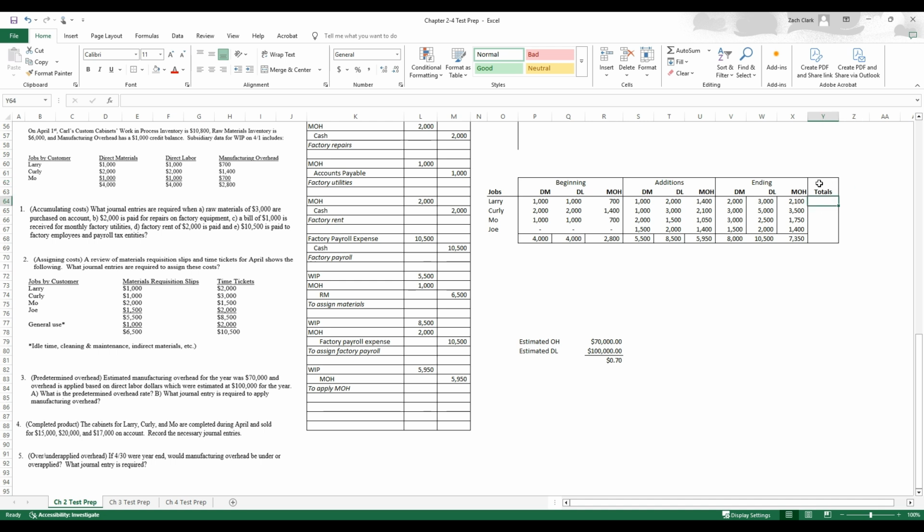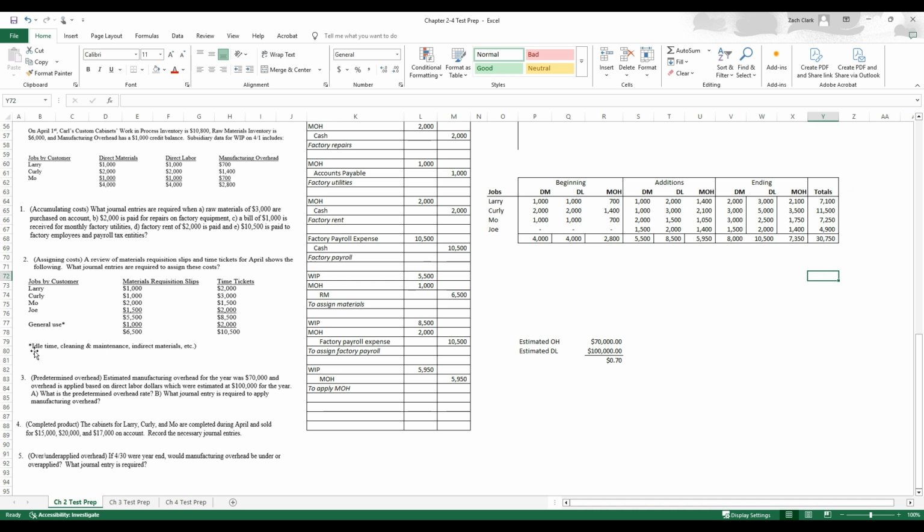That's the sum of all of our ending costs. The ending was just the beginning of each category plus the additions into that category, and then we add all those together. So there's all of our totals. It comes out to 30,750 in total.